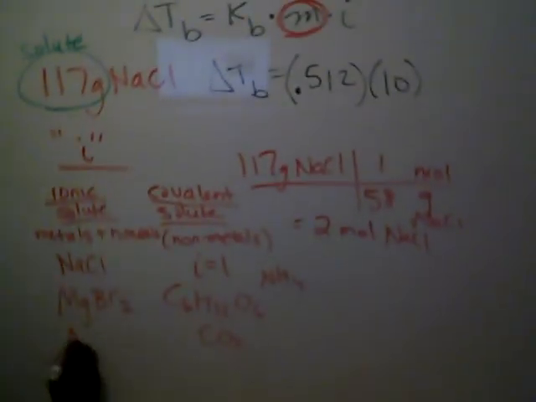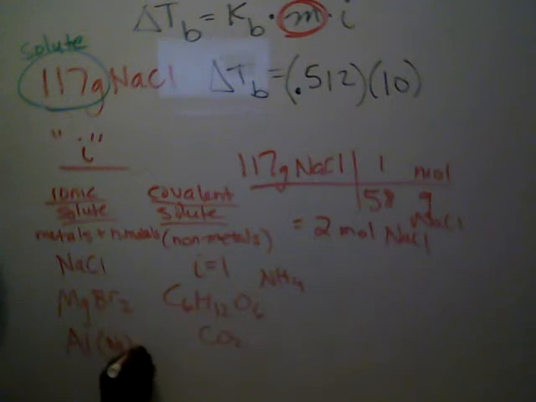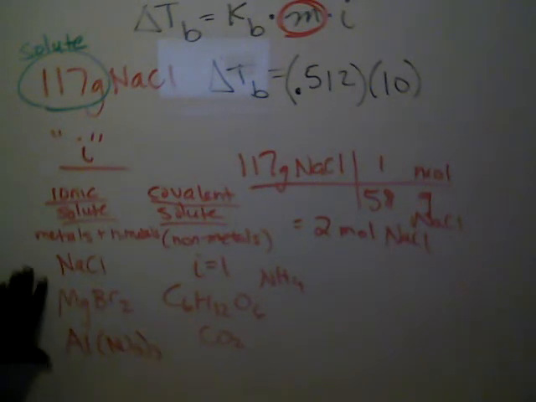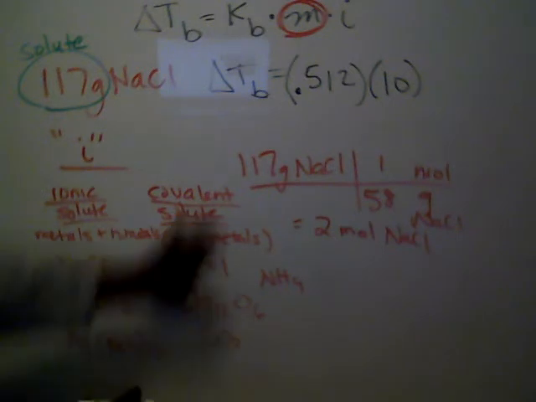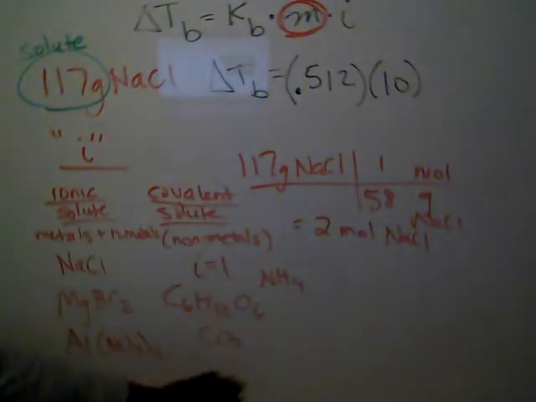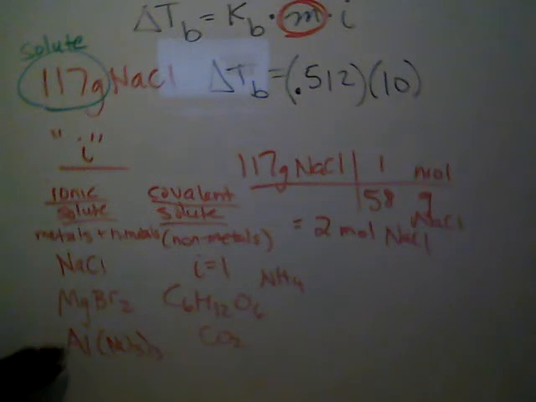And we can even look at, let's say, AlNO3. These guys are going to break apart. They're going to ionize. We say they may ionize or dissociate. So they're going to break apart, and we need to figure out how many pieces it will break apart into. Keep in mind, covalent things don't break apart. I is always 1. Ionic things do break apart, so we're going to have different numbers for that I value.